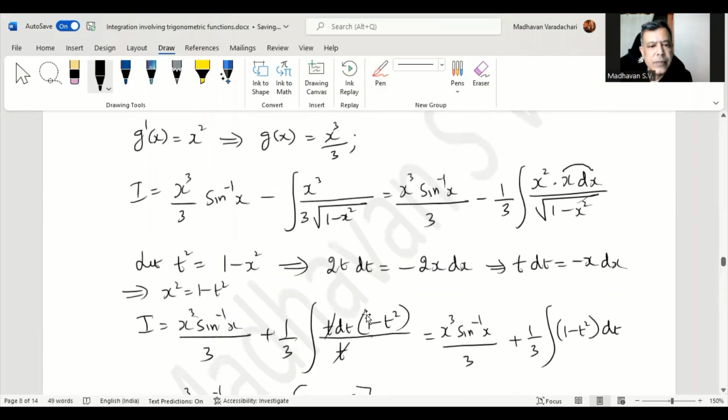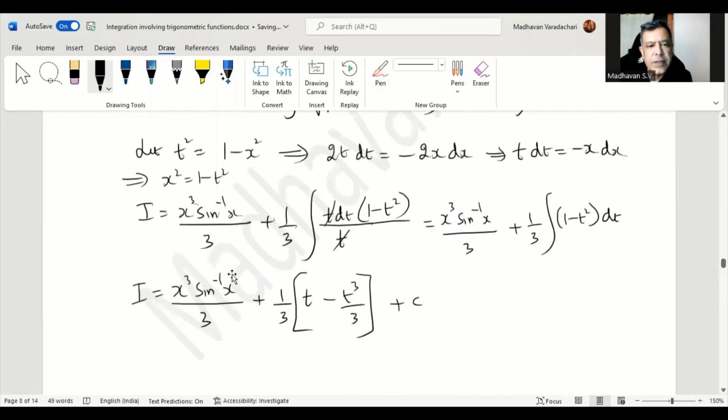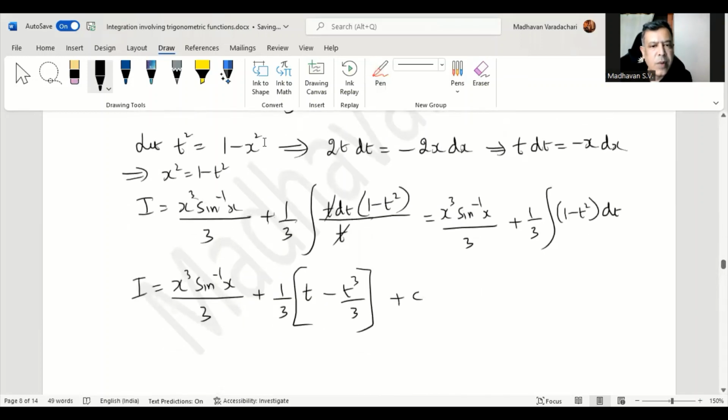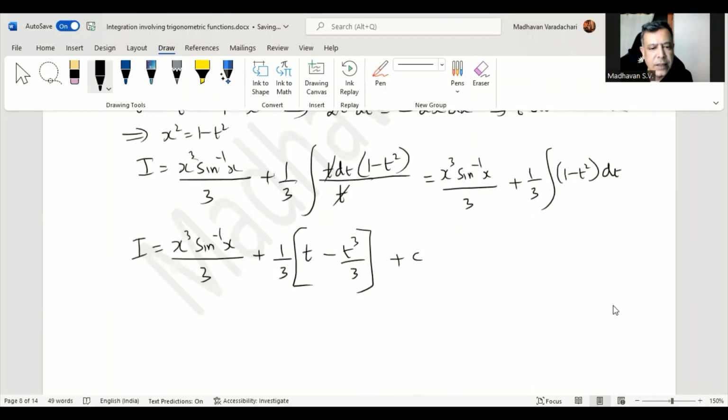Now, what is t? When you have t square as 1 minus x square, then t will be the square root of that, which means our I will become x cube sine inverse of x by 3 plus 1 by 3 times t.